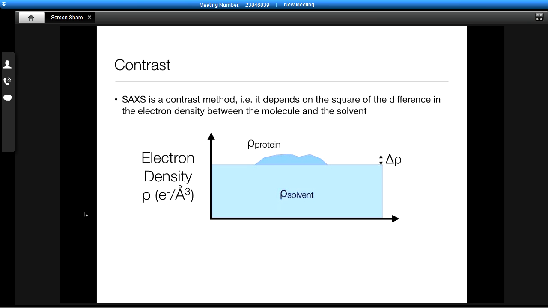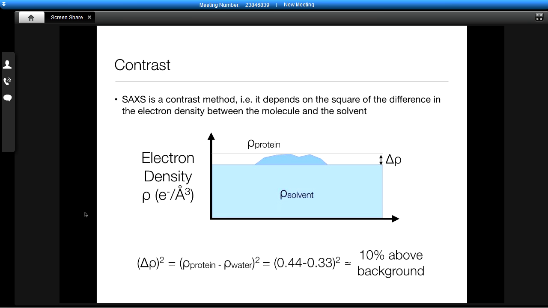So what's important in SAXS is contrast. SAXS is inherently a contrast method. What that means is that it depends on the square of the difference in the electron density between the molecule of interest that you're studying and the solvent that's surrounding it. And so this is just a little graphic to show you what kind of a comparison that is. If you think of a protein, the electron density of a protein is somewhere around, say, 0.44 electrons per angstrom cubed.